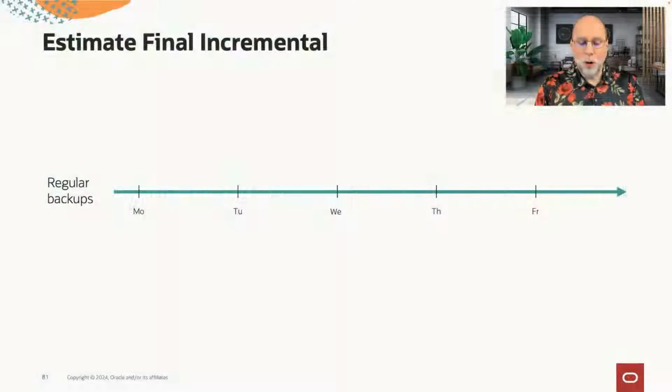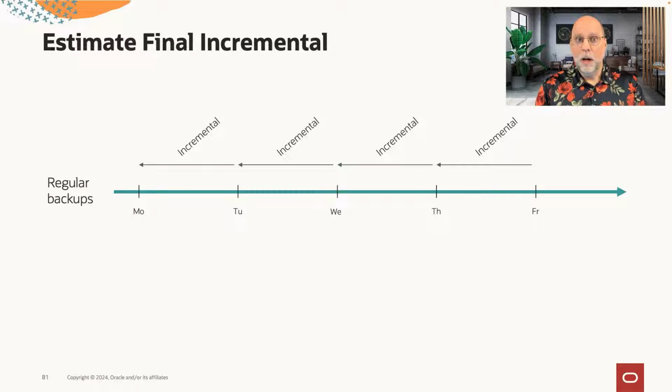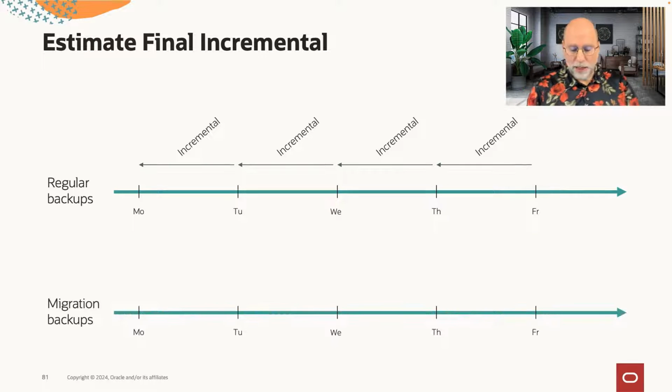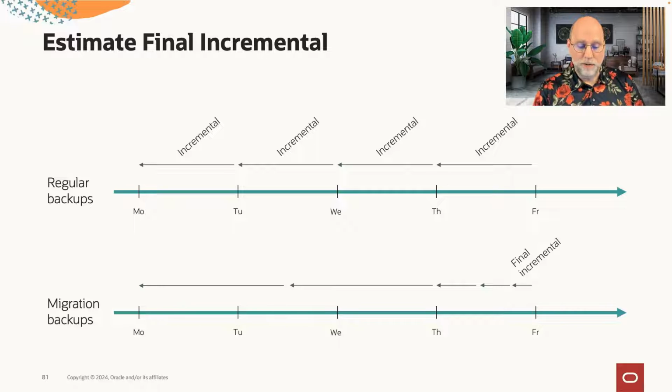So how do you know how long that will take? Well, one way to do that is to estimate it based on your regular backups. If you're doing regular incremental backups, you can see how long those will take and then assume that that final incremental backup is not going to take any longer than that. Now, for a migration, you might actually rev up the backup frequency as you get towards that go live to reduce the size of that incremental backup as much as possible.